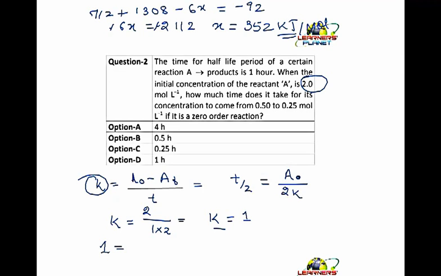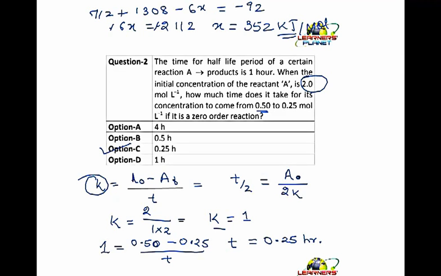Now put this value over here. So 1 is equal to A0, which is 0.50, minus 0.25, divided by T. So how much time is it taking? It is 0.25 hours.